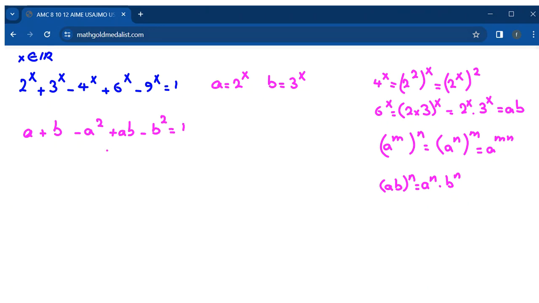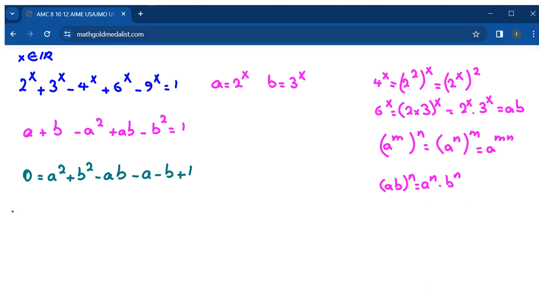In next step, we can take all things to right hand side. So it will be a squared plus b squared minus ab minus a minus b plus 1. Okay, now in next step, I multiply both sides by 2.